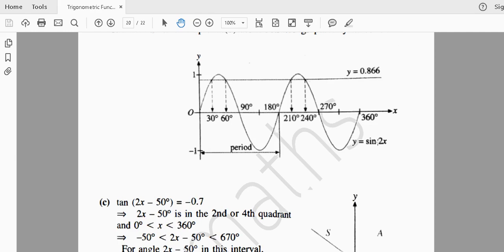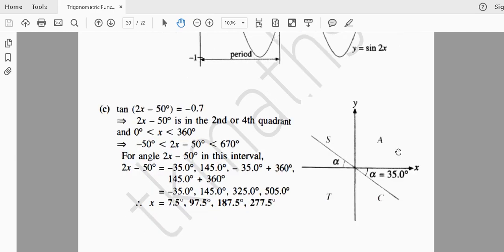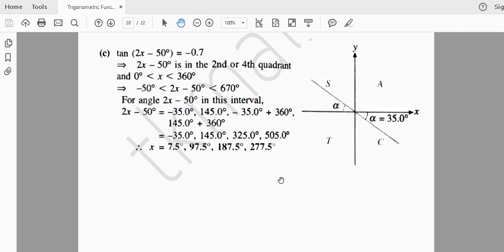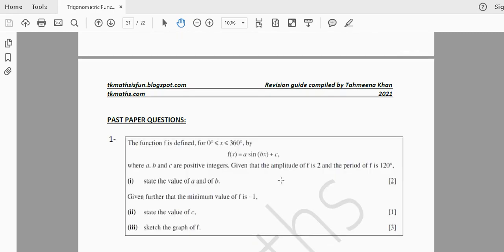So if you are interested to see it, you can put the video on pause. And this is the last part of the question. So you can try doing it yourself if you already have the idea. Pick up the question, so you will have the solution and you can find it out.